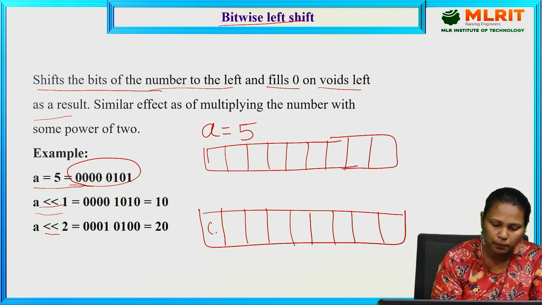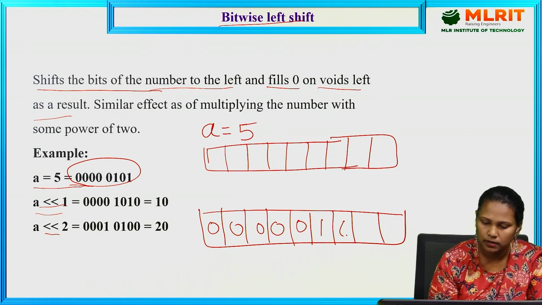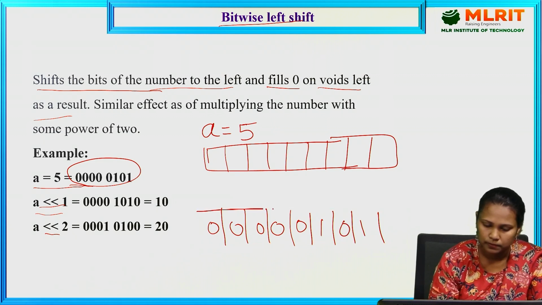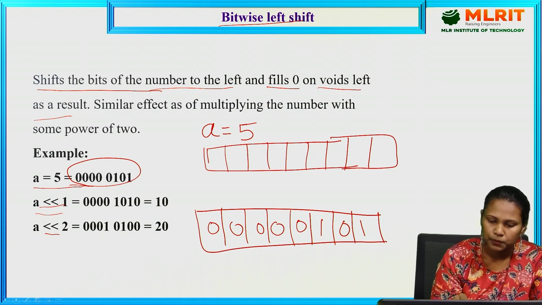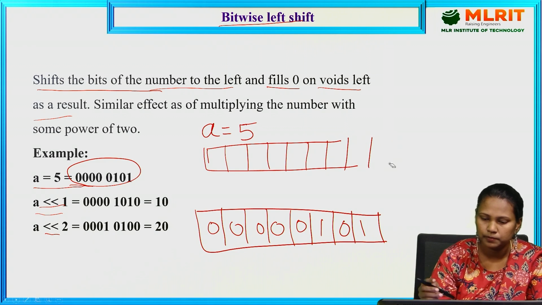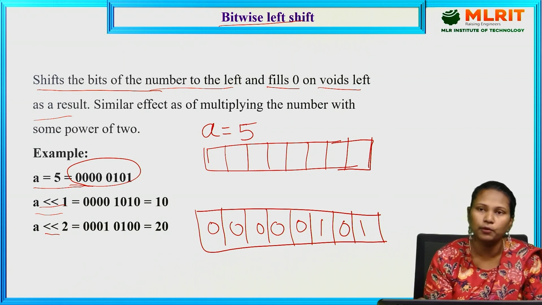So the binary number of 5 is 0 1 0 1. Now we have to fill the data. We need to perform the left shift. Left shift means in this way we have to move.